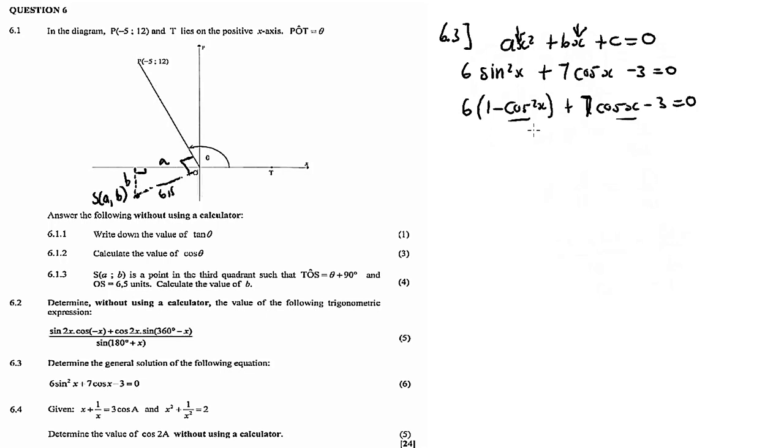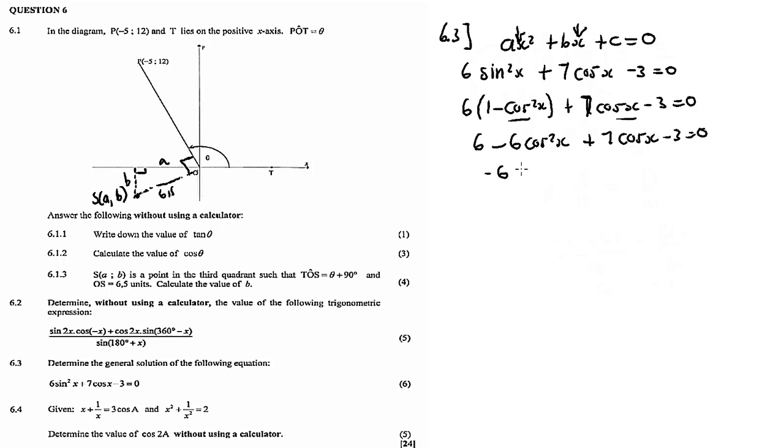Now let's simplify the bracket. So 6 minus 6 cos squared x plus 7 cos x minus 3 equal to 0.